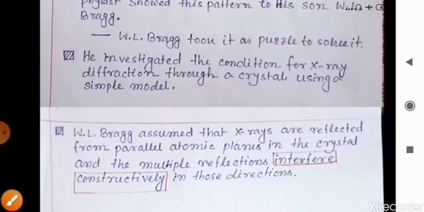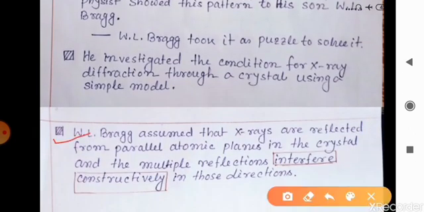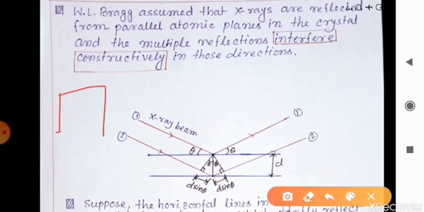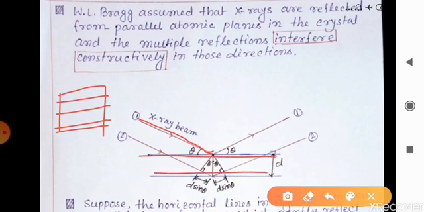W.L. Bragg assumed that X-rays are reflected from the parallel atomic planes in the crystal. He thought that the whole crystal structure is divided into several parallel planes of atoms, and that when X-rays are incident on these parallel planes of atoms, they are partly reflected from each plane.